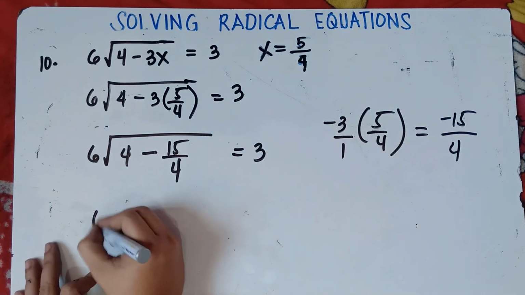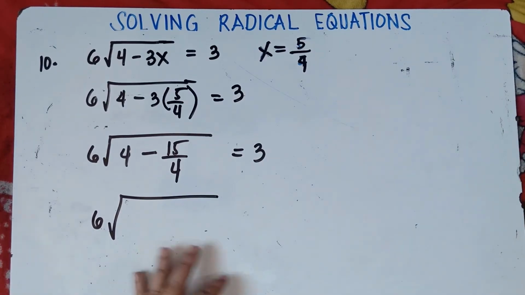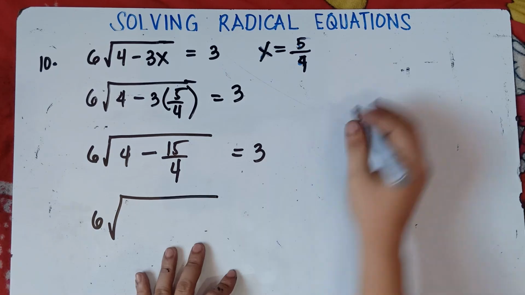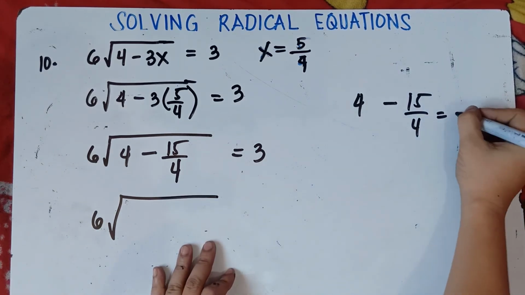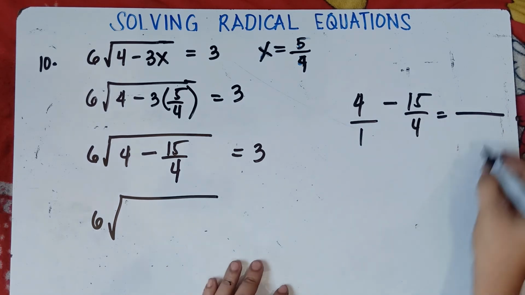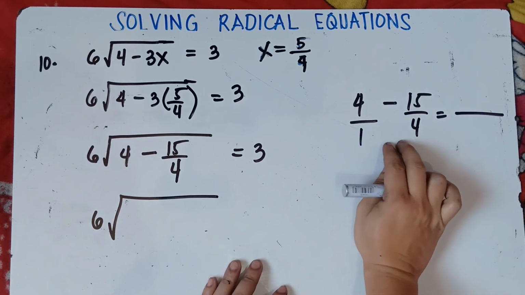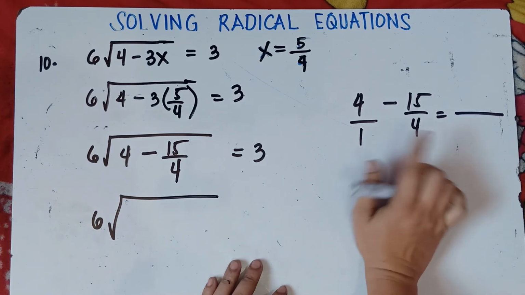Alright, so this will be 6 square root of, so we subtract this one. Once again class, when we multiply this one, this will be negative 15 over 4. We subtract 4 minus 15 over 4. Understood that there's 1 here. So the LCD of 1 and 4, once again class, we cannot subtract the fractions directly because they don't have the same denominator. This is 1, this is 4.